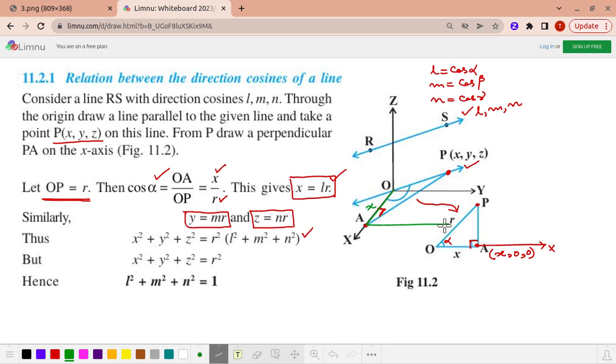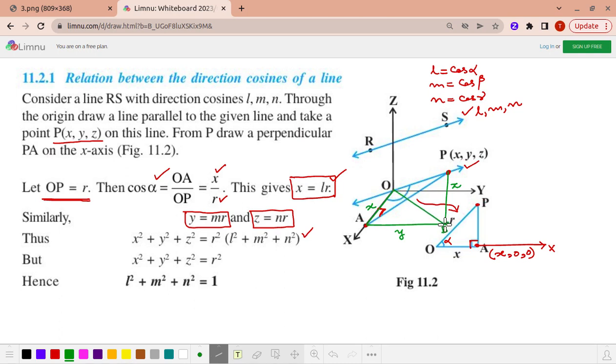Suppose we came to the point B, then AB should be y, and after that from the point B, parallel to the z-axis, we will reach the point P, correct, and that BP will actually be z. Now, dear students, first we can draw this line OB.